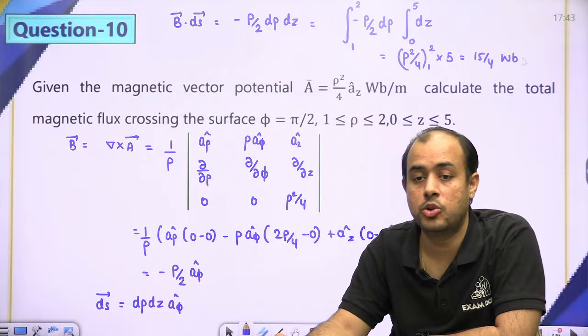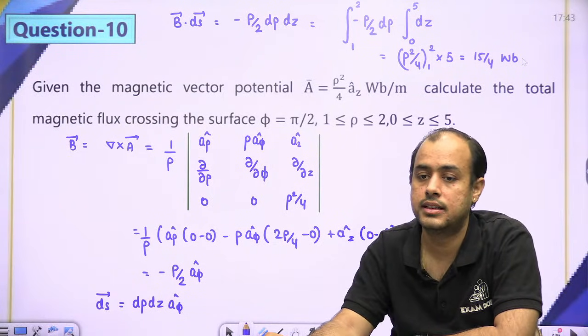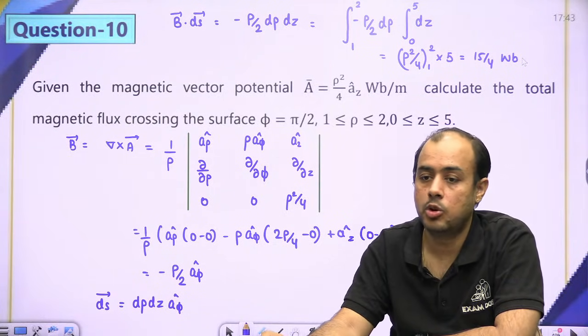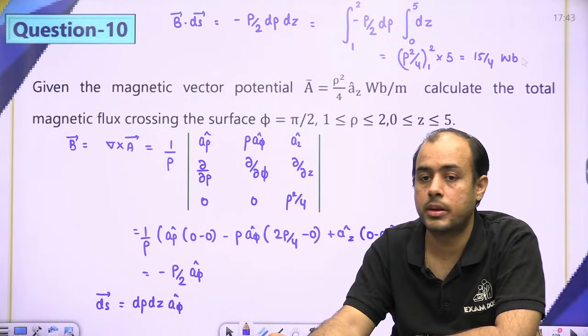Okay, 15 by 4 Weber. First find the flux density, then find the flux. Clear हो गया भाई? बोलिए, anybody having any doubts up to here? किसी को कोई भी डाउट है यहां तक?